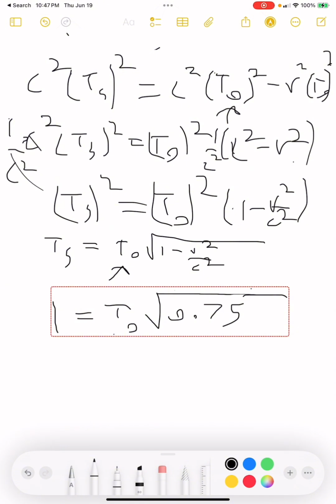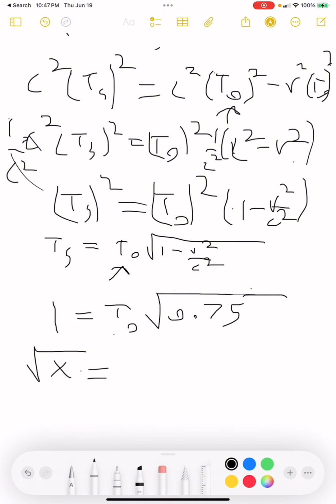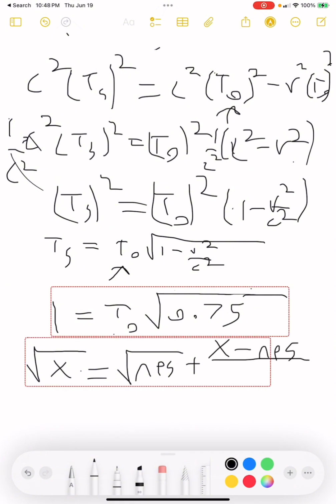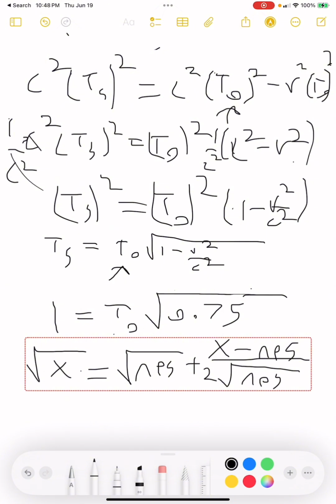Now, we can use an approximation for the square root, and that approximation is that the square root of a number x is the square root of the nearest perfect square, which we can call NPS, plus x minus NPS over 2 times the square root of the nearest perfect square.